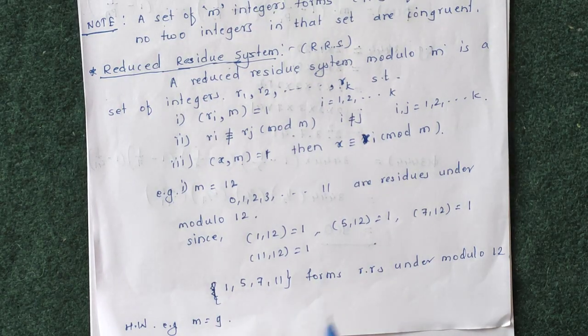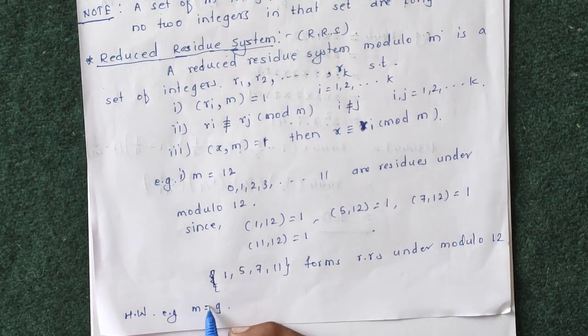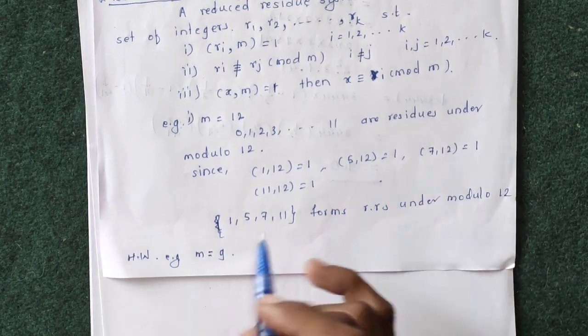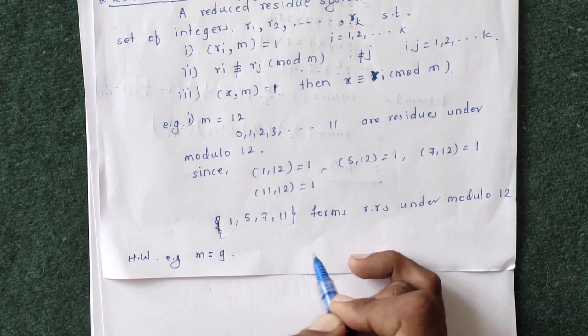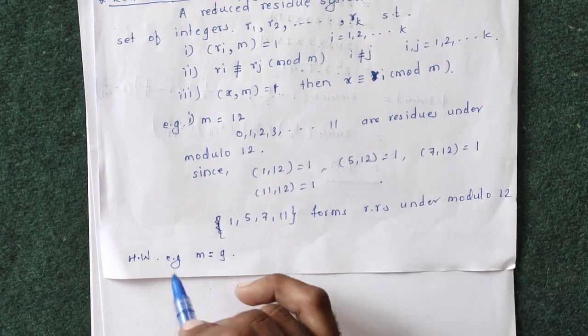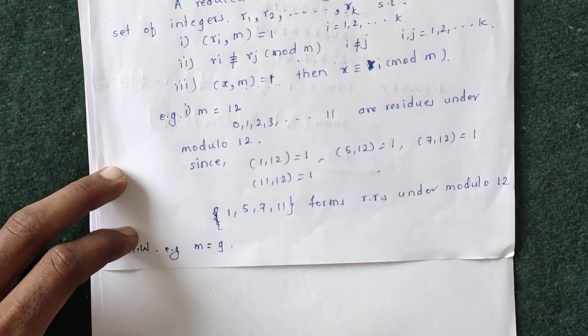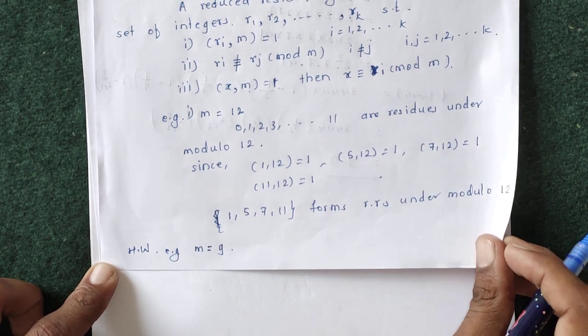You are going to find the set of all residues, that is from 0 to 8, and the integers which are relatively prime to 9 give you the reduced residue system.